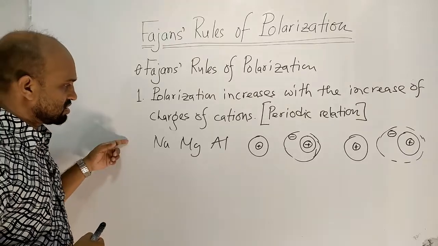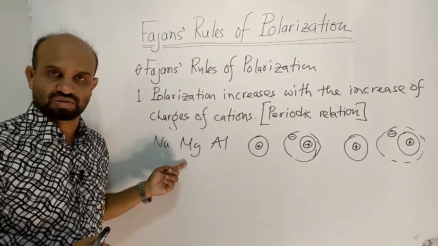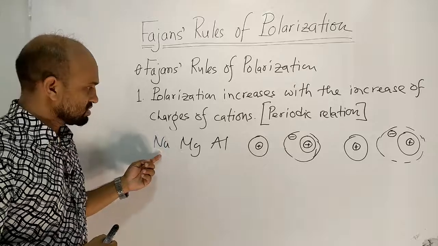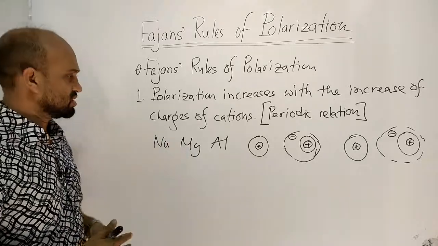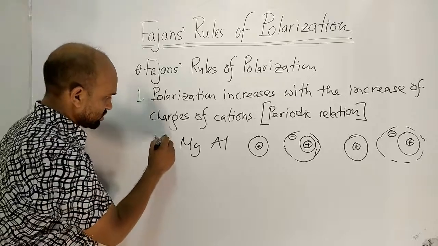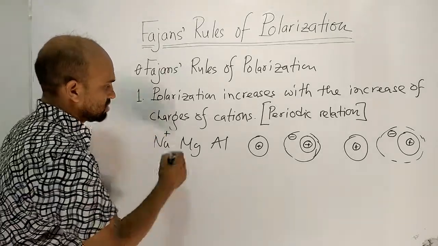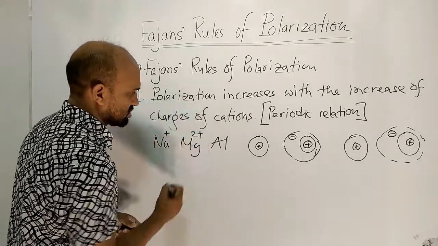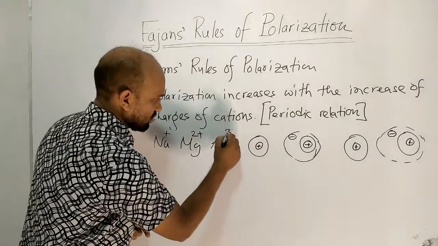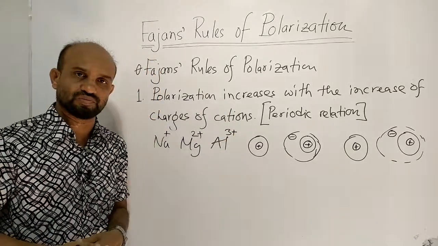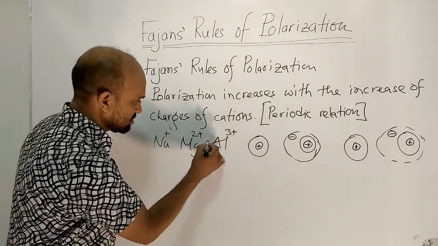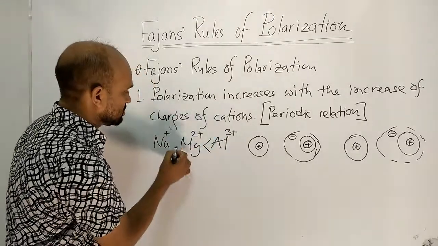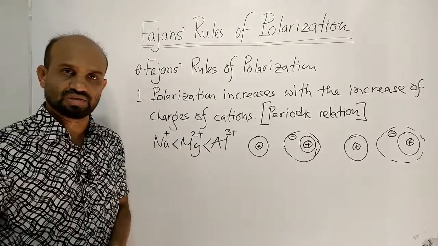That means this is the third period's elements. Sodium forms unipositive charge, magnesium forms dipositive charge, and aluminum forms tripositive charge. According to this rule, polarization increases with the increase of cationic charges.